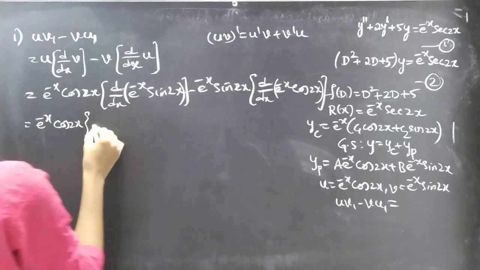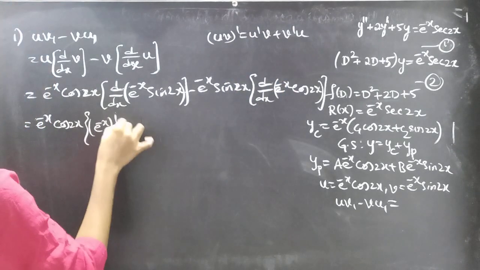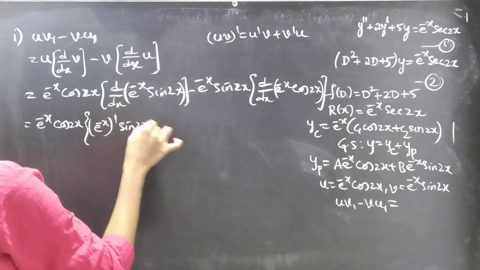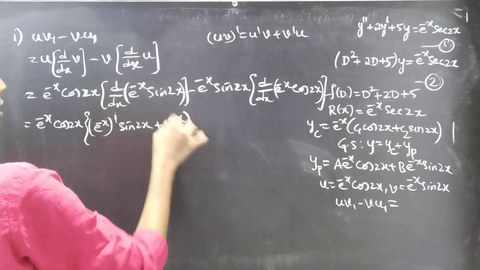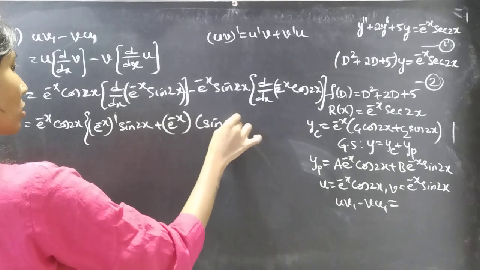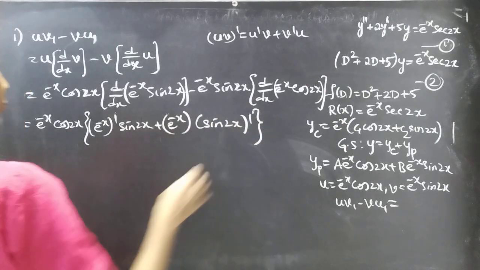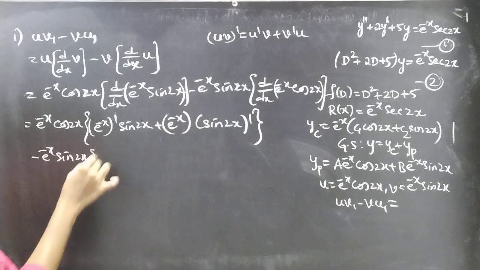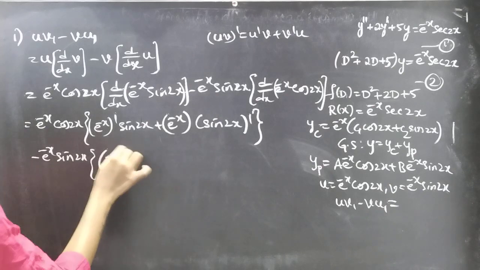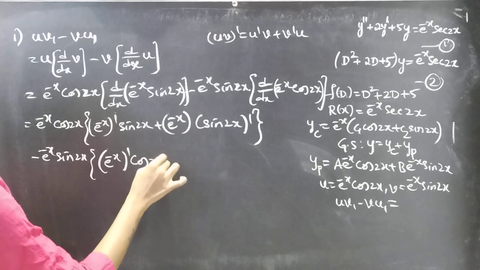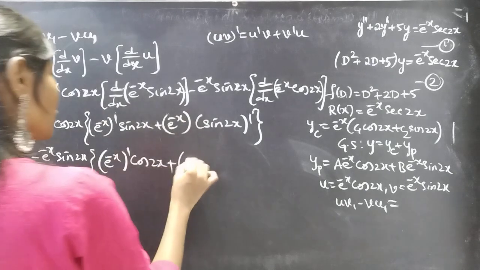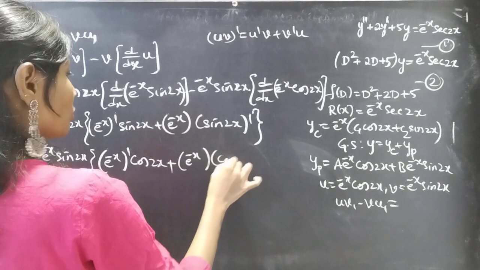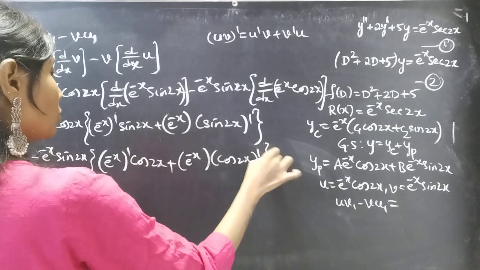We'll apply this formula. We'll get e power minus x whole dash sin 2x plus e power minus x into sin 2x whole dash, minus e power minus x sin 2x into e power minus x whole dash cos 2x plus e power minus x into cos 2x whole dash.